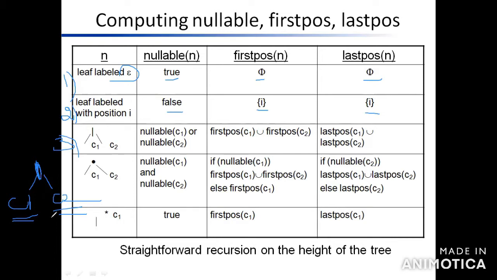So in constructing the syntax tree, the left one is C1, the right one is C2. Okay. How to calculate the nullable formula? Nullable of C1 or nullable of C2. Then for the first position, you merge the first position of C1 union first position of C2. So C1 is the left child value, C2 is the right child value.